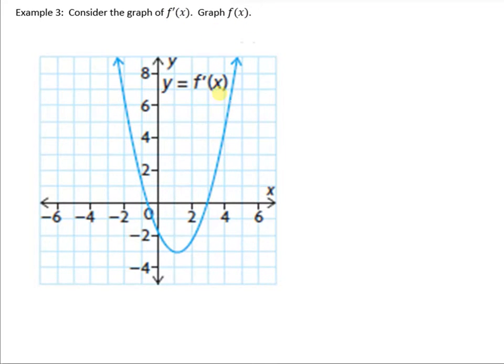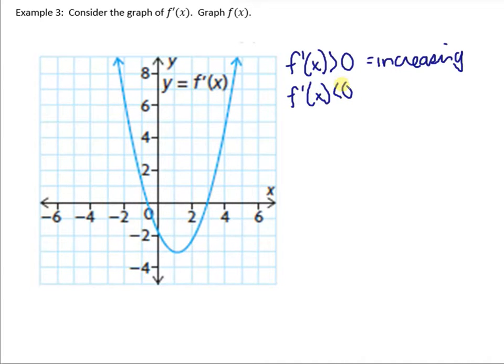One thing we have to remember is that when f prime at x is positive, so when f prime at x is greater than 0, our graph is increasing. And when f prime at x is less than 0, our graph is decreasing.